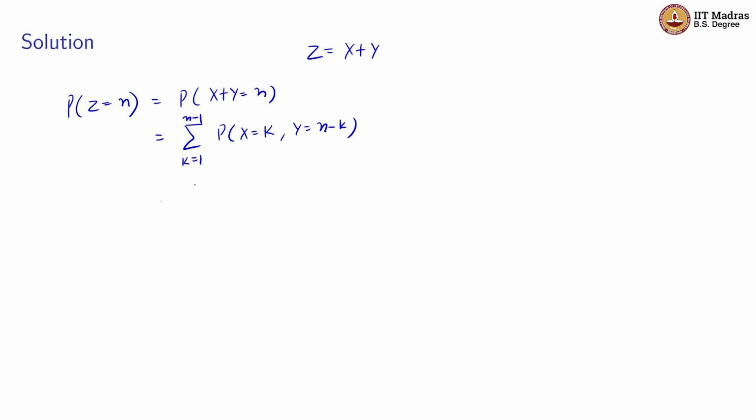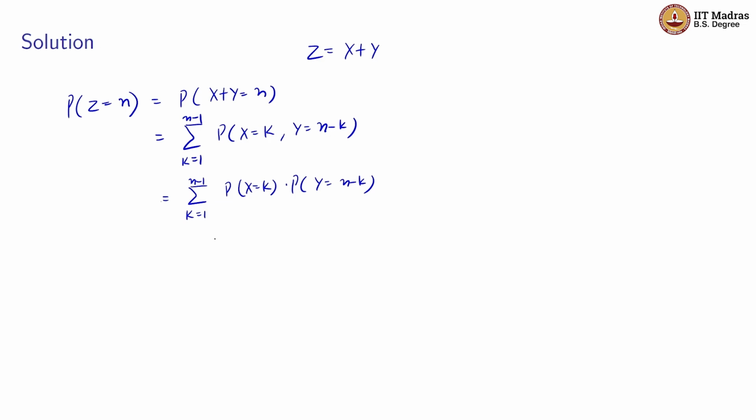So on further simplification, as both the random variables are independent, this joint can be written as product of marginal, so this will be equal to summation k from 1 to n minus 1. Inside summation we have probability x is equal to k into probability y is equal to n minus k.